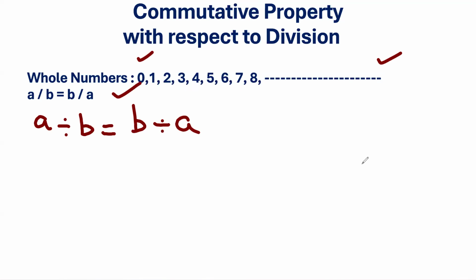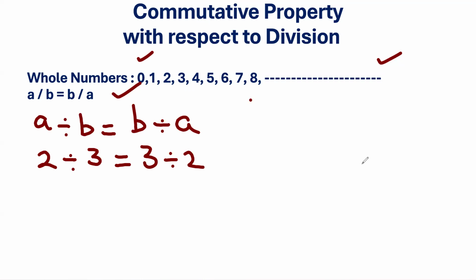You can check this. Let's take 2 and 3. A is 2 and B is 3. 2 divided by 3 is equal to 3 divided by 2. We have to check whether both the sides are equal or not.